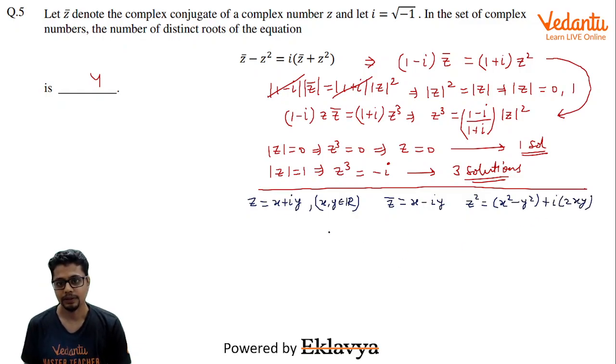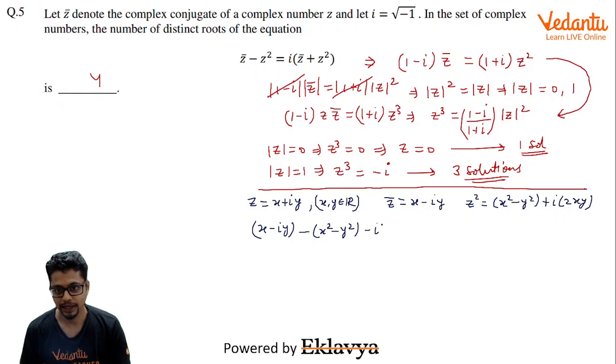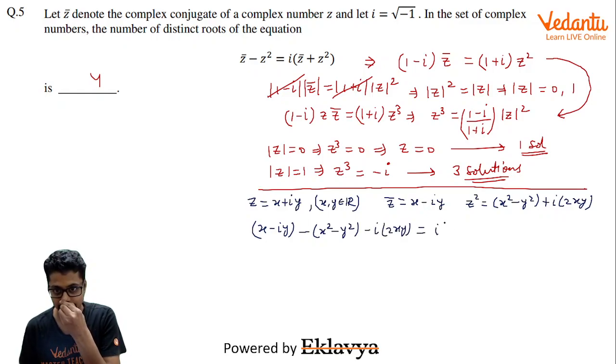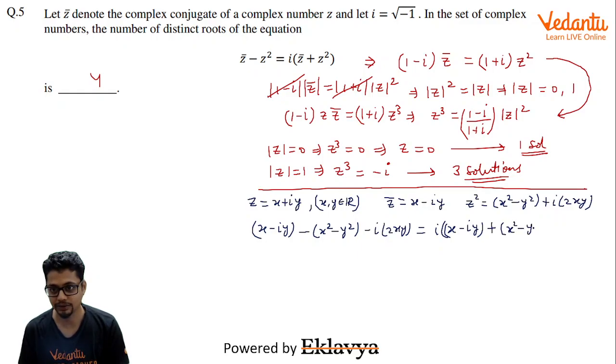Let me write it. Left hand side is x minus iota y, and minus x square minus y square minus iota 2xy, is equal to iota times x minus iota y, plus x square minus y square plus iota 2xy.